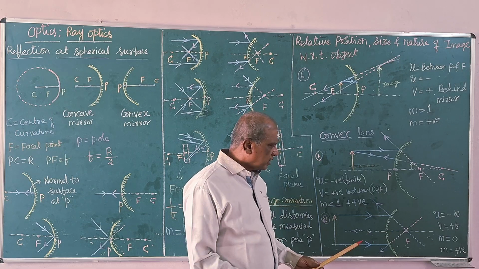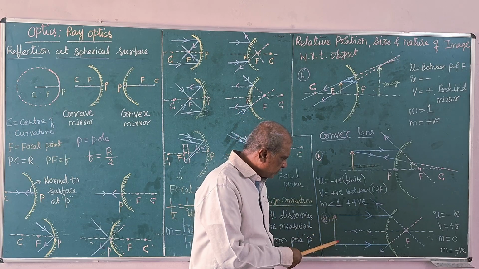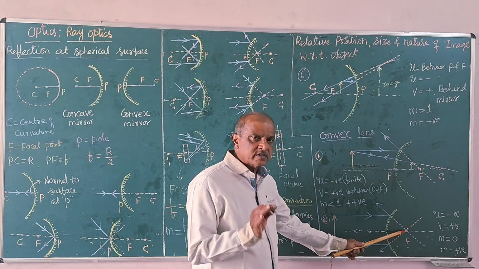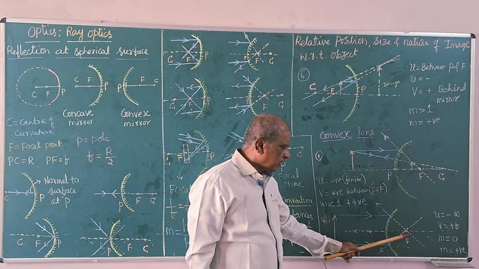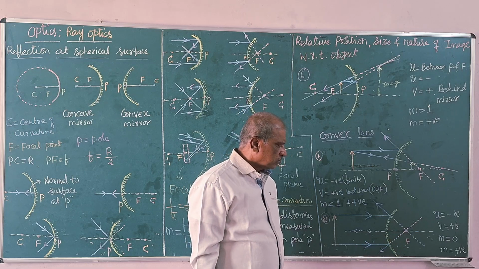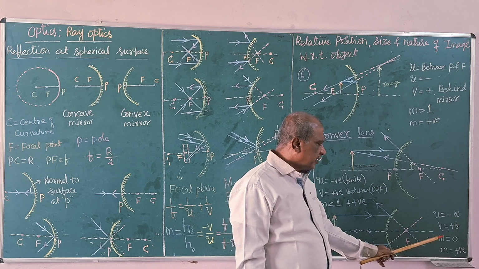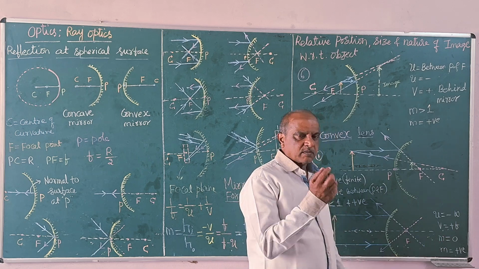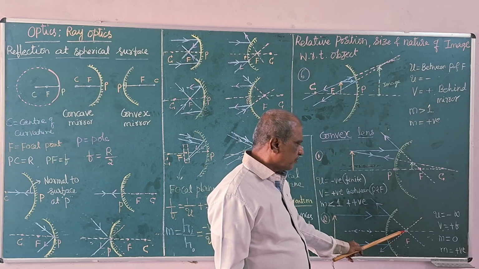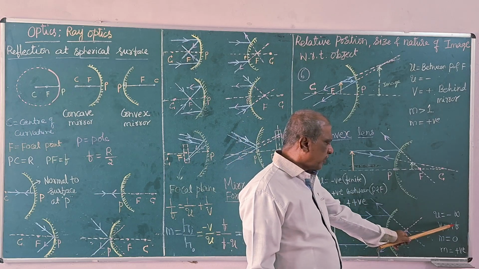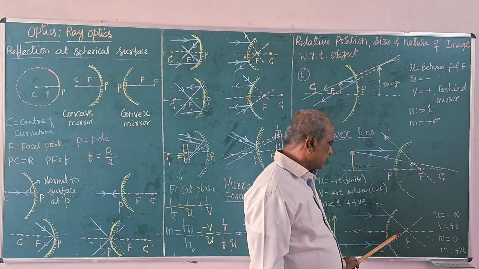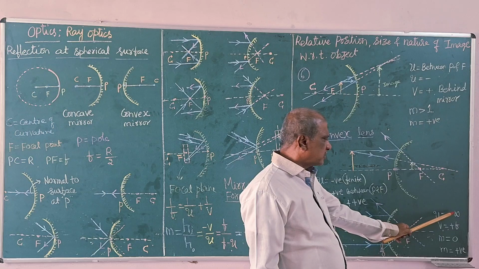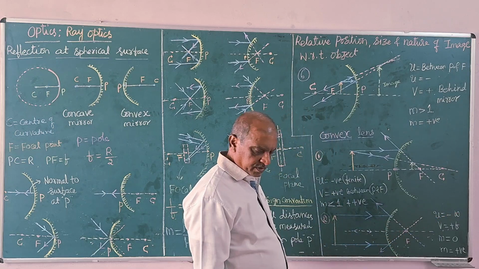Then what would be the image? Even this point and this point coincide. You get a point. The image is point size at F. Point size means magnification is 0, almost invisible, a point size at the point F. So the image is at the point F, positive in this direction, and the distance of the object is infinity, negative in this direction.